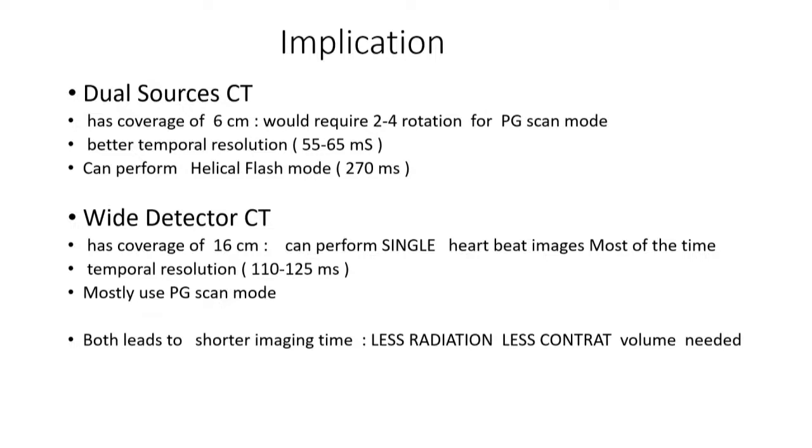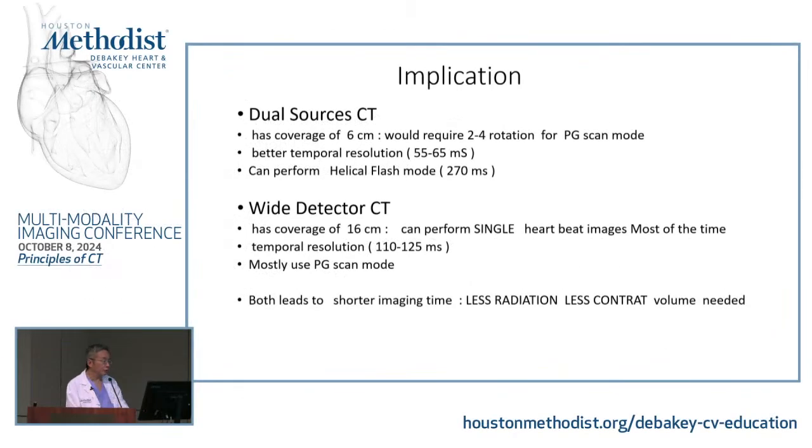All right, so dual source CT covers 6 centimeters, so we need 2 to 4 rotations for prospective scanning mode. It has a better temporal resolution because you only need to rotate 1/4 of the gantry rotation time. And you can do high pitch helical flash mode, in which you only expose the heart to radiation for 270 to 300 milliseconds. And wide detector CT is single source.